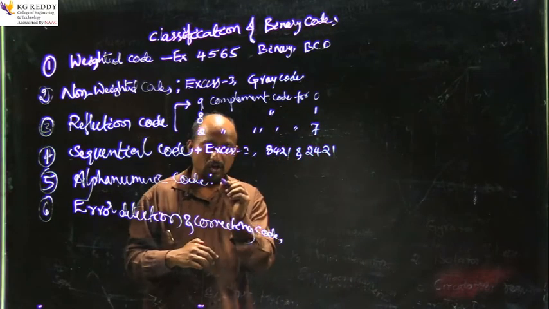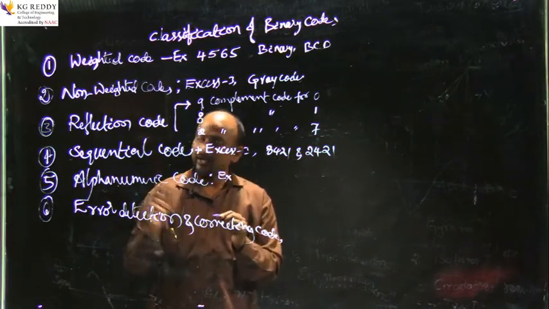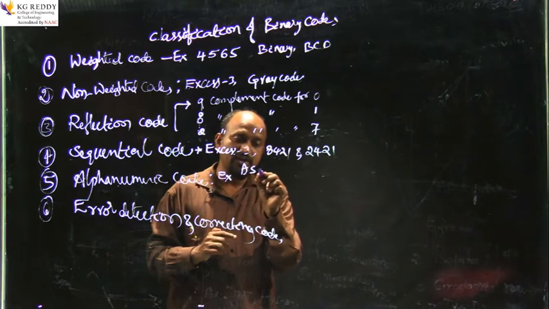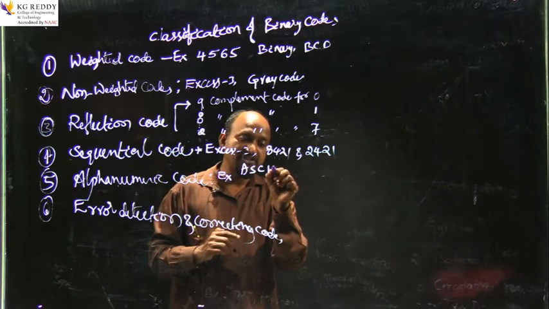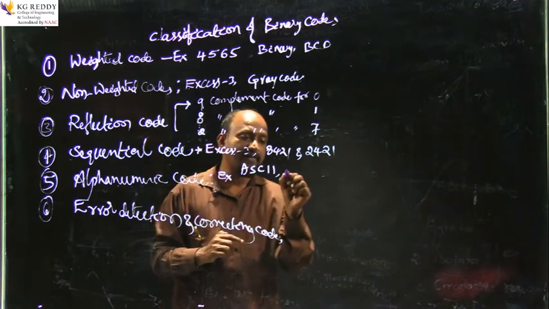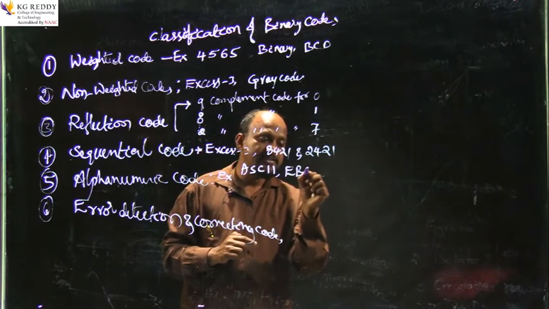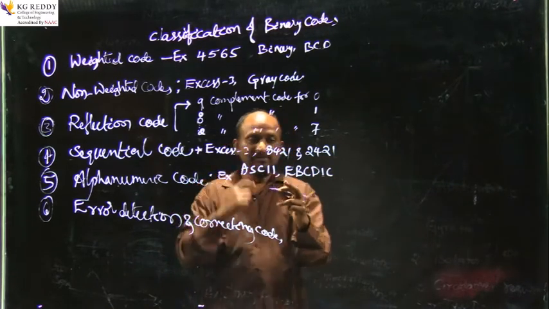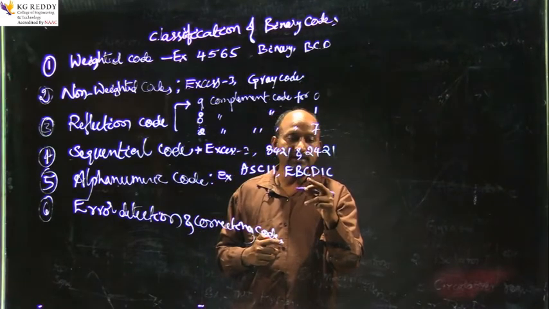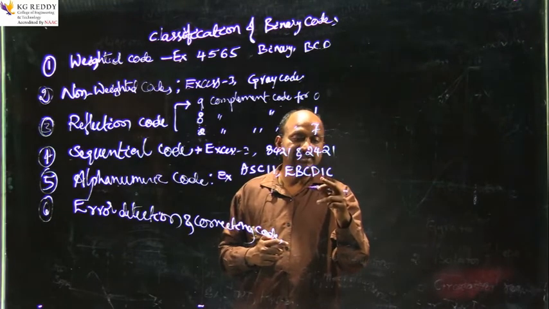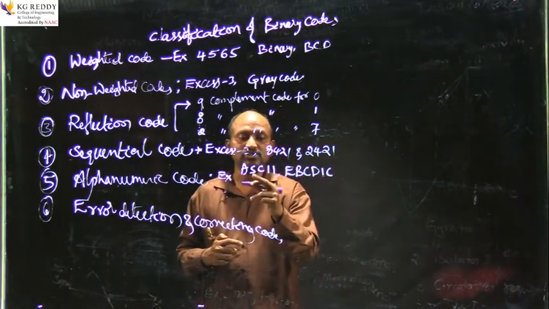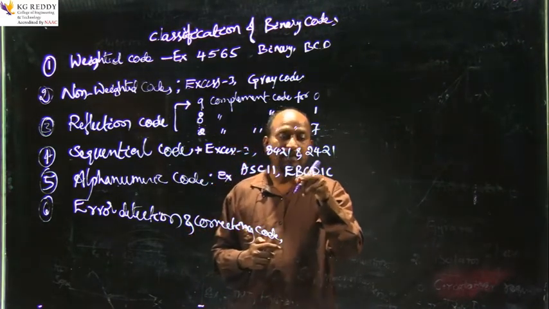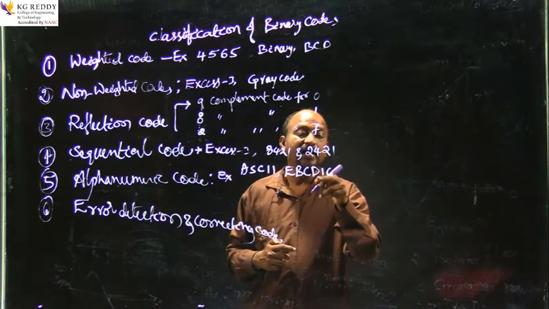Examples under these alphanumeric codes are ASCII, which means American Standard Code for Information Interchange, and EBCDIC, which is Extended Binary Coded Decimal Interchange Code.